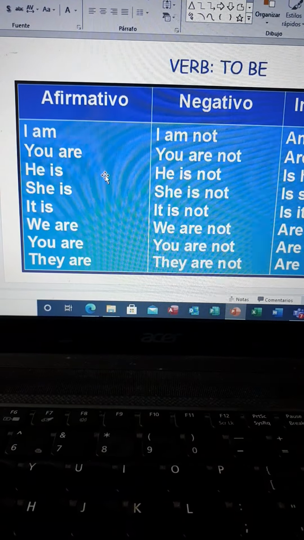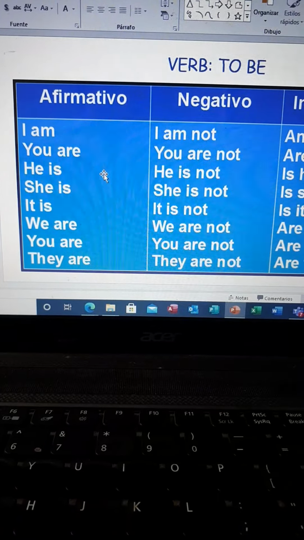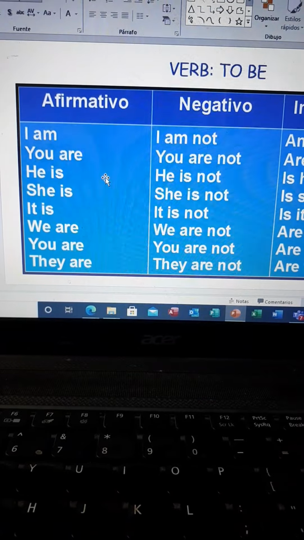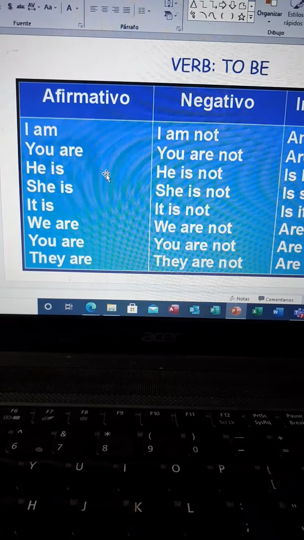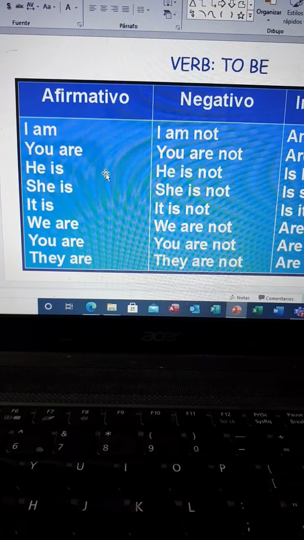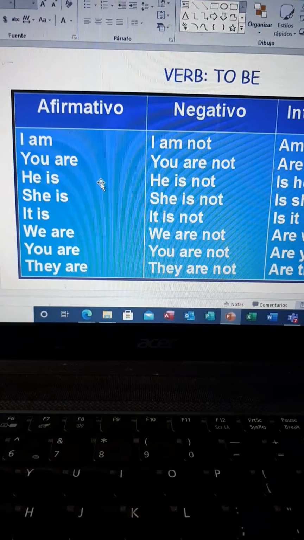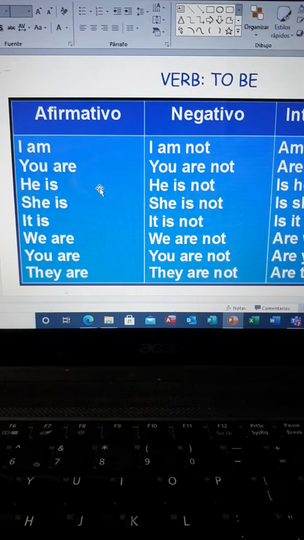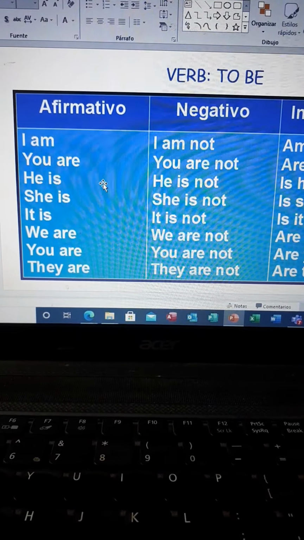If we say Héctor, Atena, and I, is the same as we. Okay, nosotros, we. You, ustedes. They, es lo mismo de ellos o ellas. Okay, so we're going to use I am, you are, he, she, and it is, and we, you, and they are. These are for the positive way, okay?